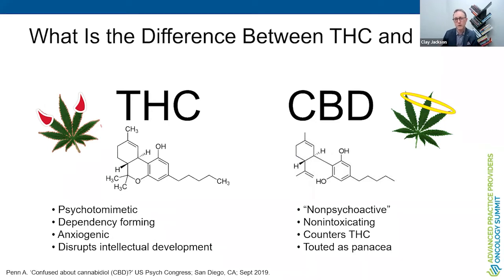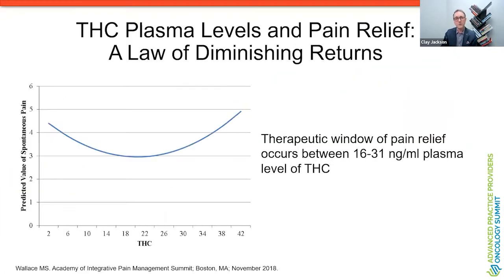It's psychoactive, but like coffee, it awakens you and changes your mind. It doesn't cause psychosis. THC can be dependency forming, no matter what else you might have read. CBD is non-intoxicating. THC is angiogenic, whereas CBD counters that. THC disrupts intellectual development. CBD has been touted as a panacea, but it's not quite so simple. THC is not the devil, and CBD is not an angel.